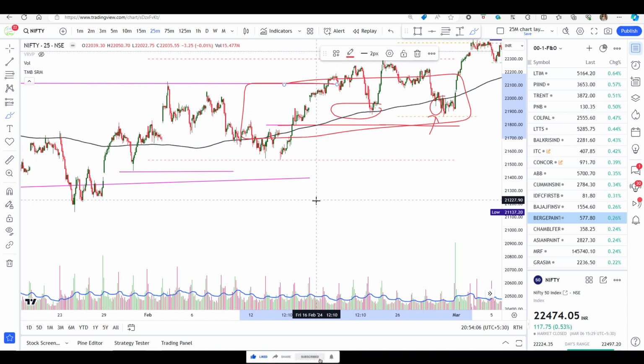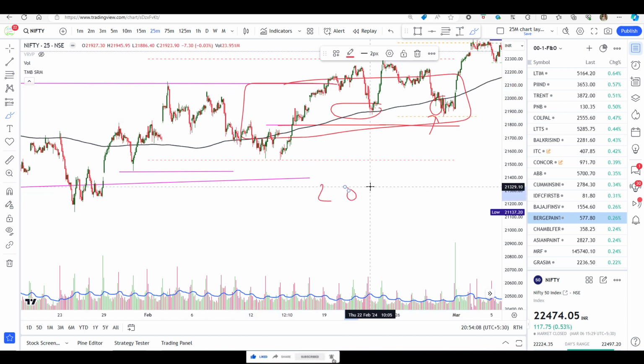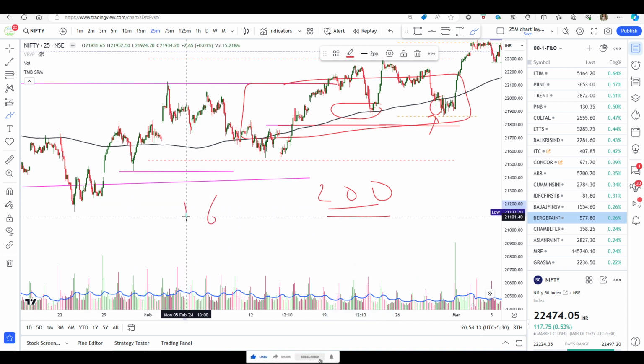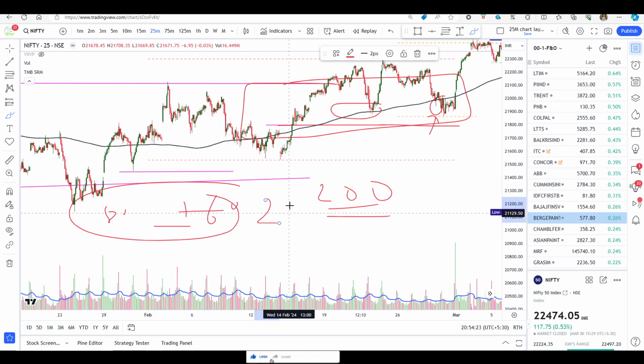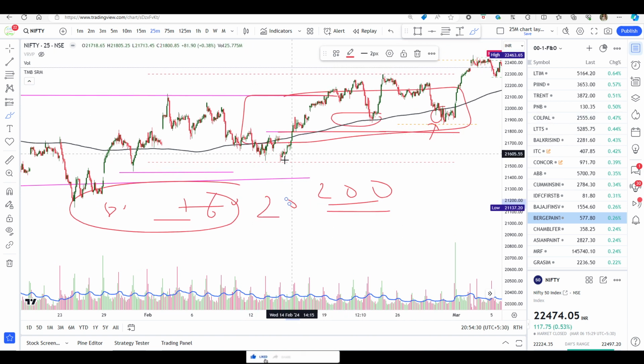If you might have sold at 200 points, this might have become like 160 to 150 points. Whatever other premium you sold might have become like 80 points. So per lot you will get 20 points, 20 into 50, 50,000 rupees you will get from here to here. This is the beauty of this strategy.